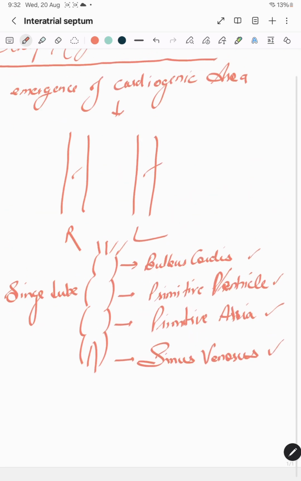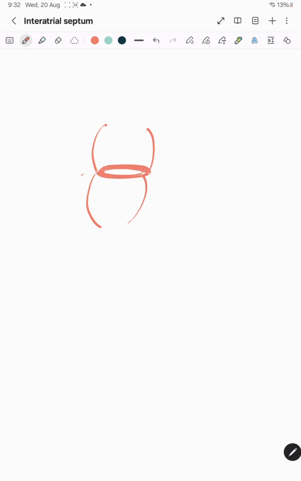So, between the atria and ventricles, a canal is formed known as AV canal. AV canal is formed between the primitive ventricle and primitive atria. Okay, so AV canal is formed.